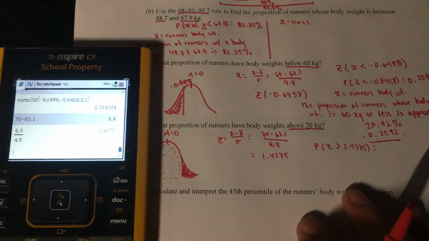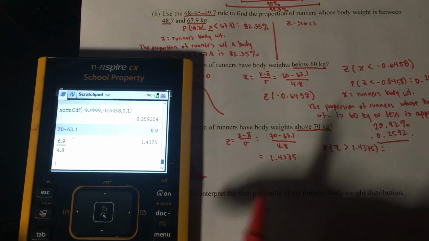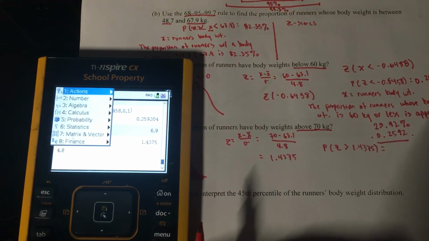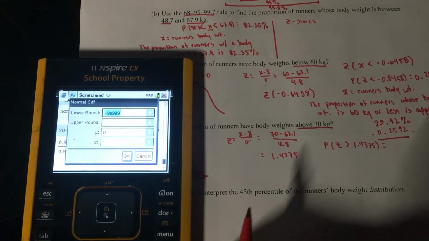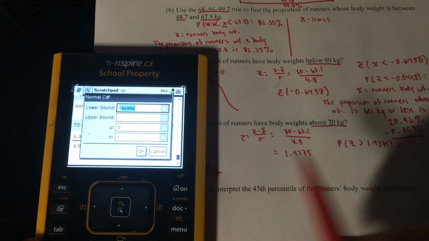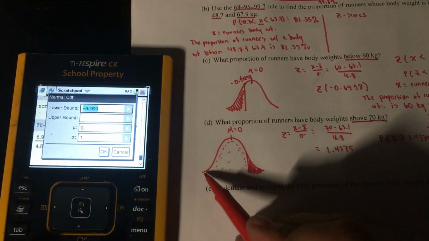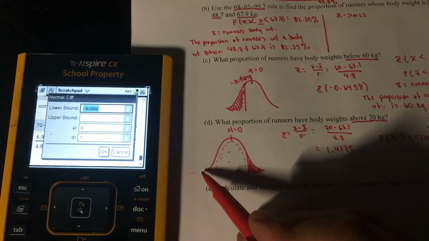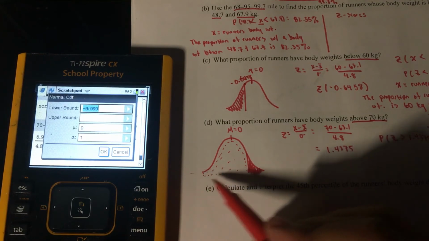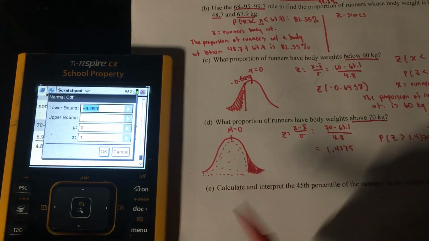Okay, so let's go ahead and find that. So doing menu, stats, distribution, normal CDF. Now I could do this two ways. If I do this the way I don't want to mess around with this and just go ahead and do over here this area. Okay.